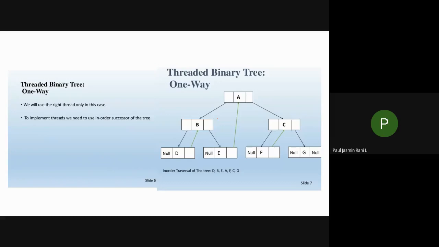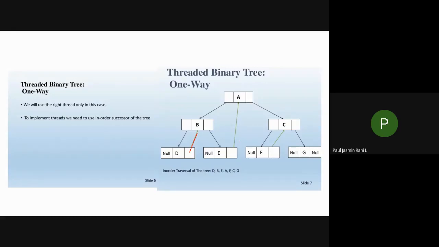See here in this example, I have only one side, as in your previous example. Here you don't have any null. Instead of null, I have a thread which points to the parent. This type we call a one-way threaded binary tree.